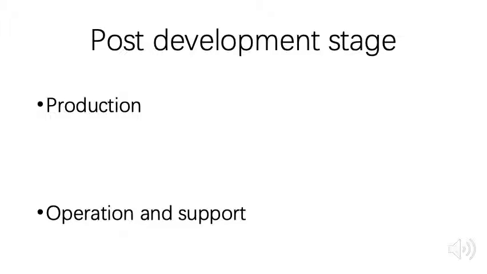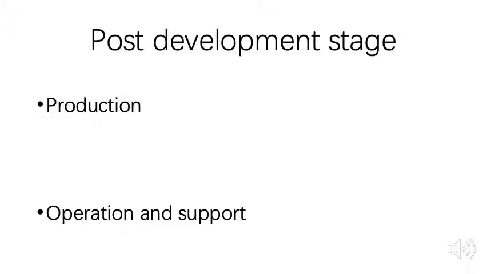This phase starts after we know the system can operate successfully and we finish the process of testing and evaluation. So this development is used for production and for further operation.